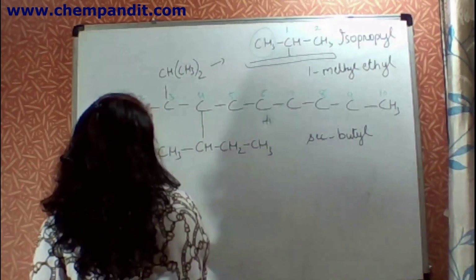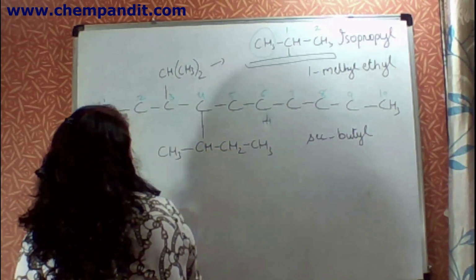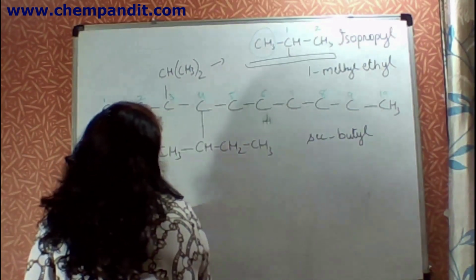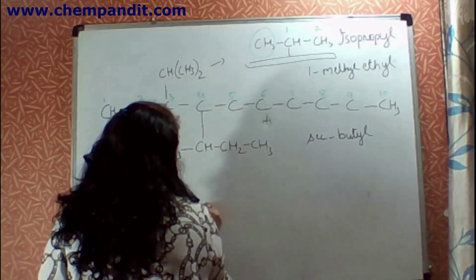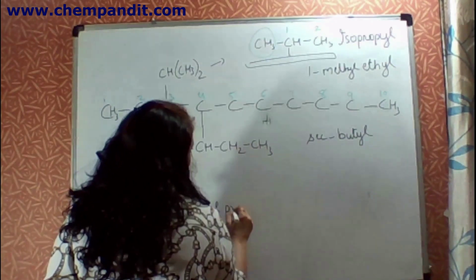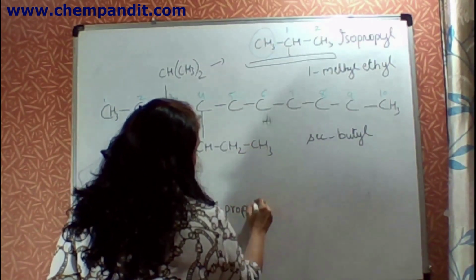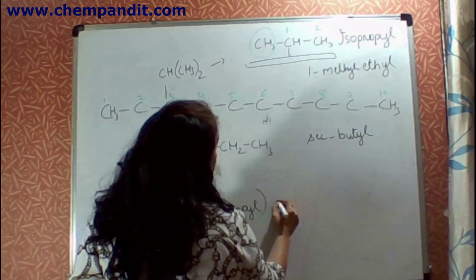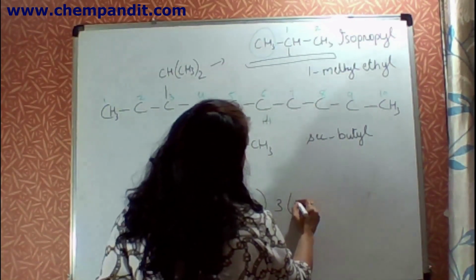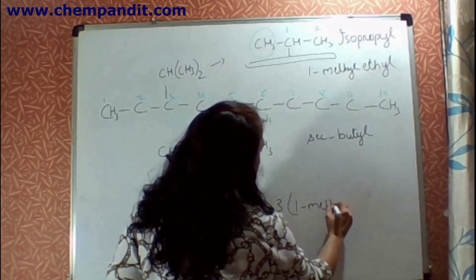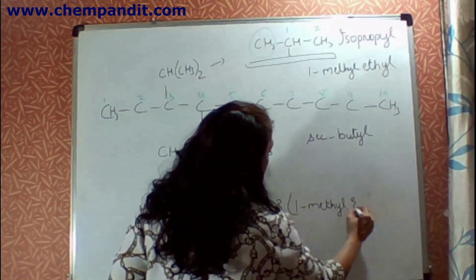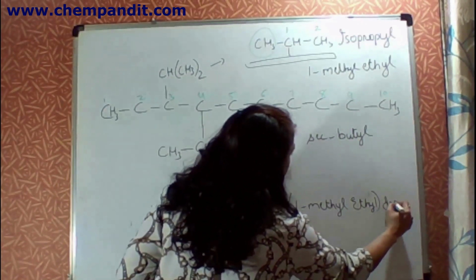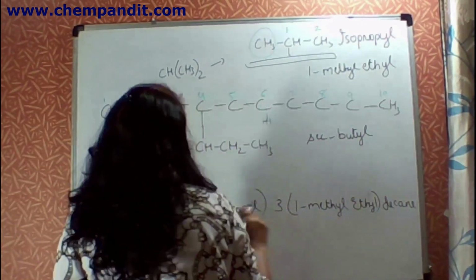So now the final name of the compound will become. How will you write this? You will write 4 in bracket 1-methyl propyl, bracket closed, 3 in bracket 1-methyl ethyl decane, that you already know, decane.